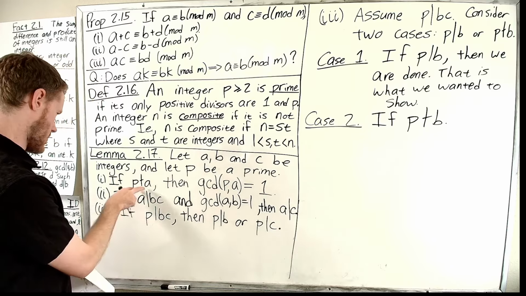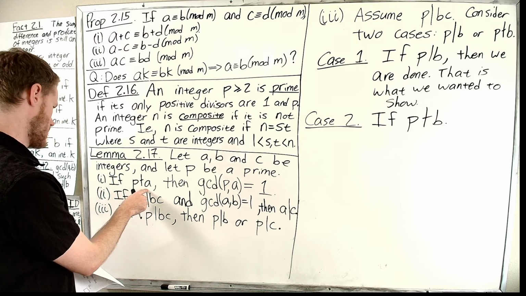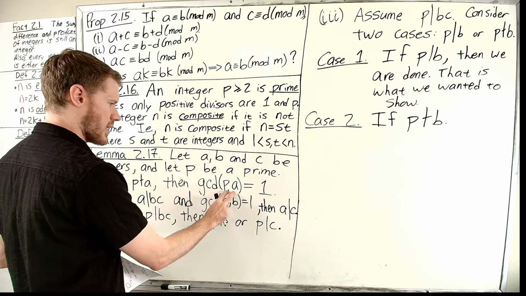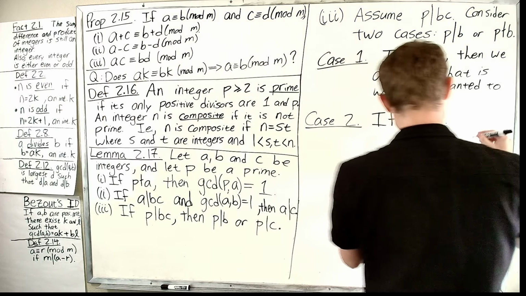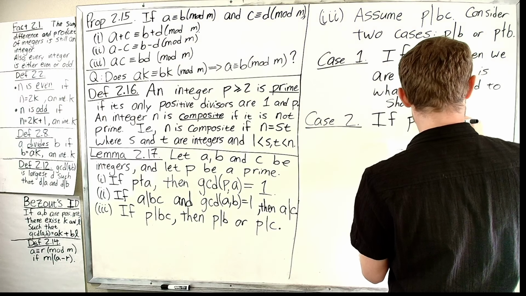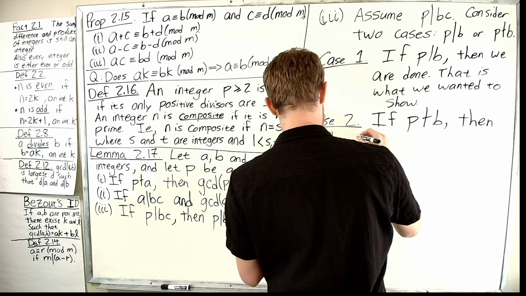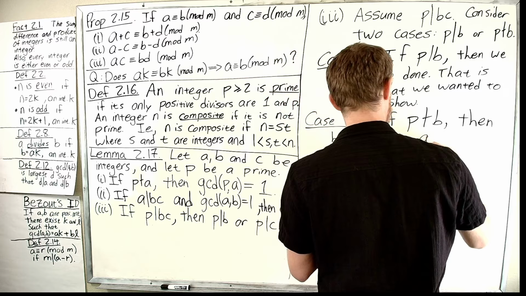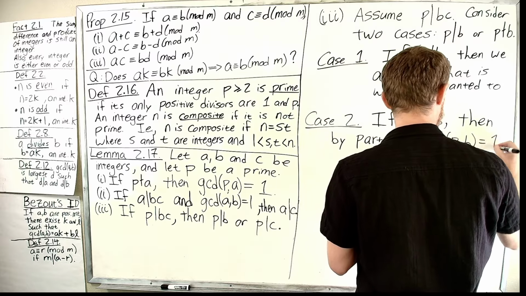Part 1 says if P does not divide something, then the GCD between P and that thing is 1. Okay? If P does not divide B, then by part 1, the GCD of P and B equals 1.